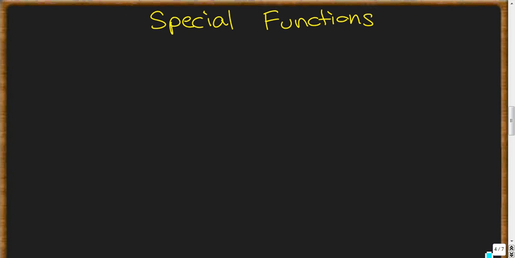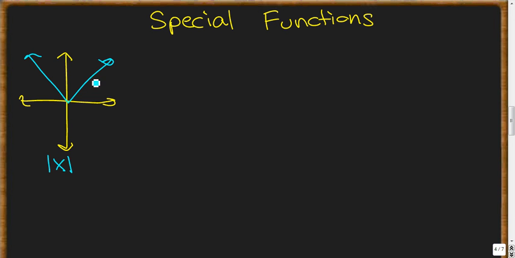So we've got some special functions. Our first special function is the absolute value function. The absolute value function is basically a hard V. Now this can be moved around everywhere, but it is a line generally, and this is the absolute value of x. It could be moved, it depends, but it changes to a different line at a particular point.